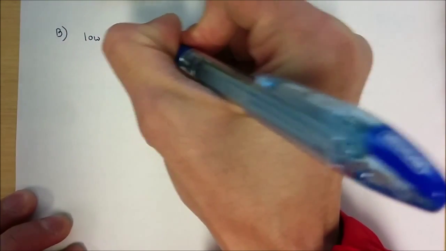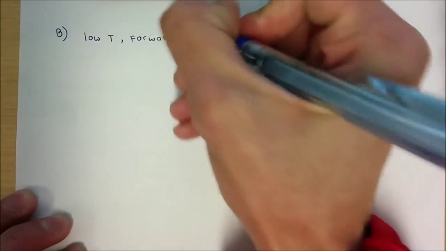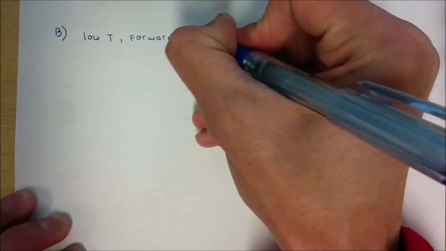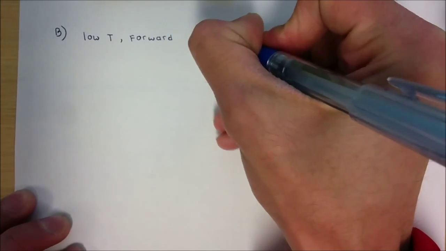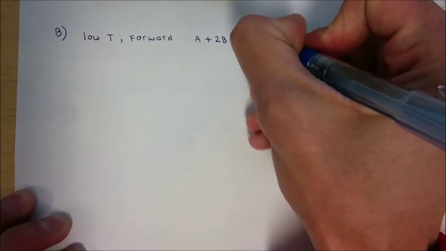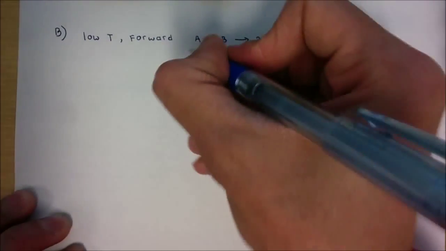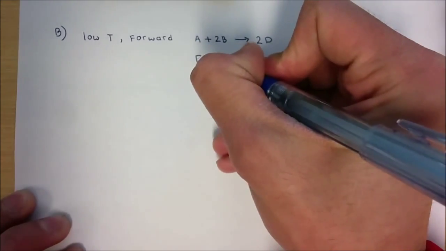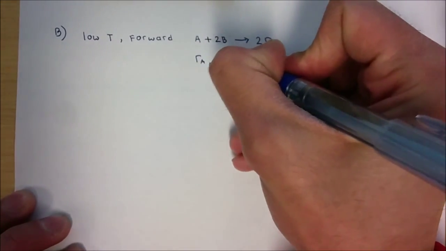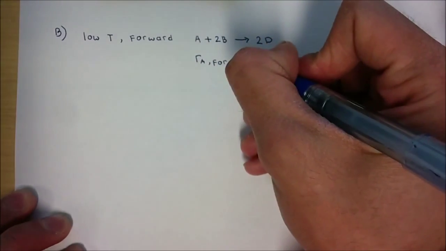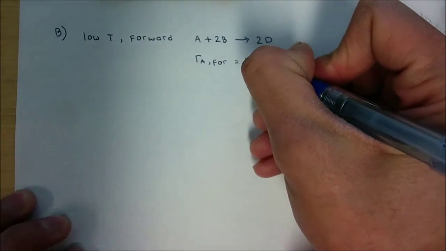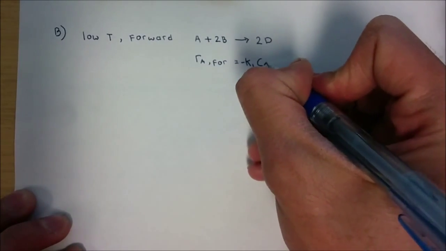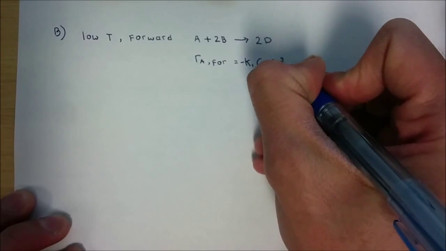We are going to have forward reaction, which is A plus 2B becomes 2D. And here we can write the RA for forward reaction is going to be equal to negative K1 multiplied by CA CB to the power of 2.